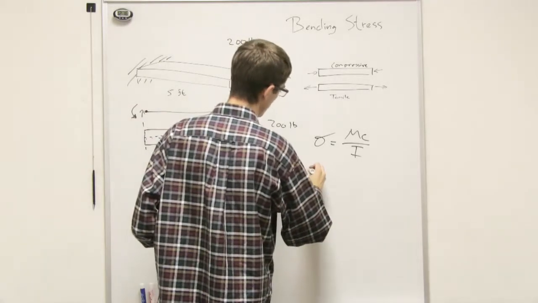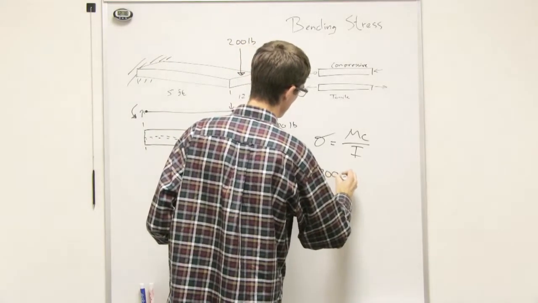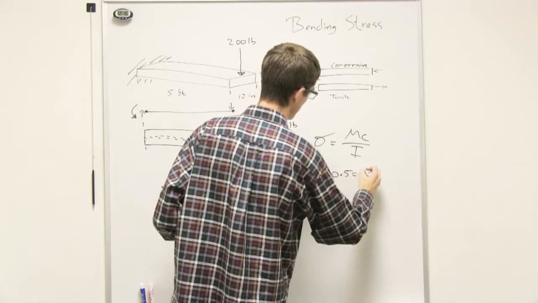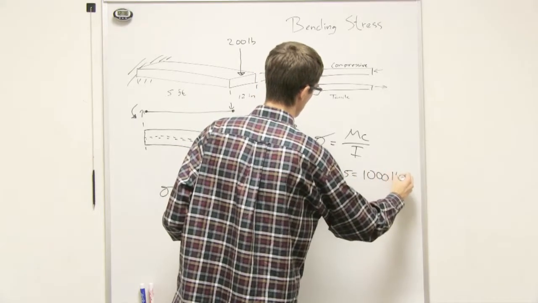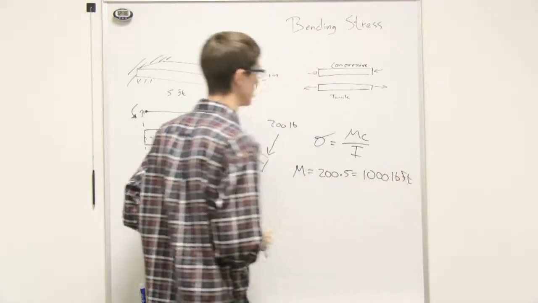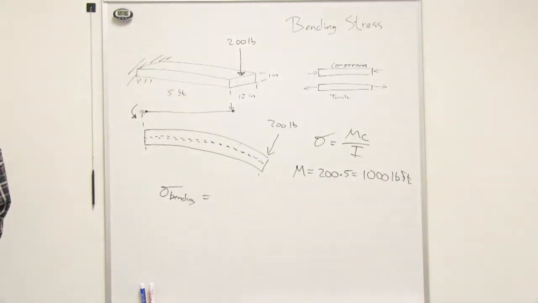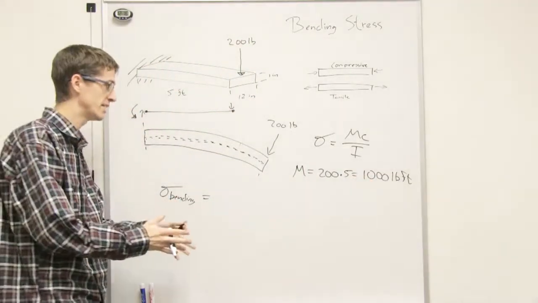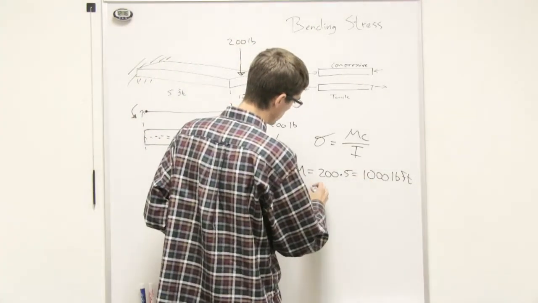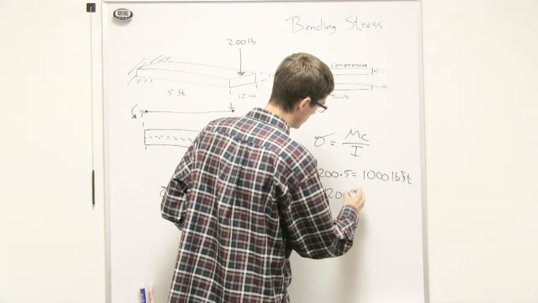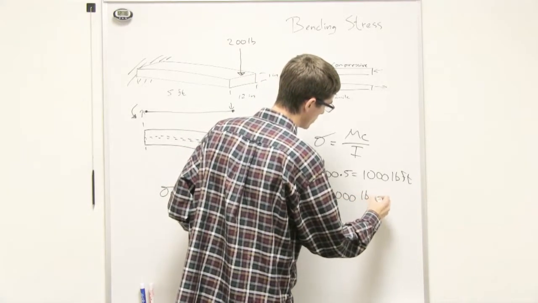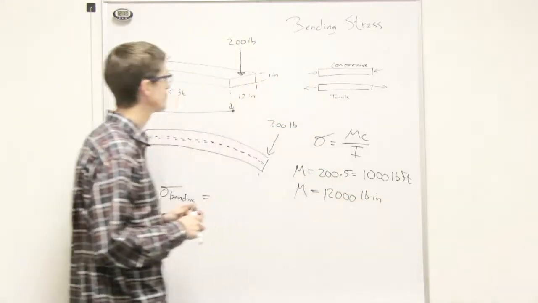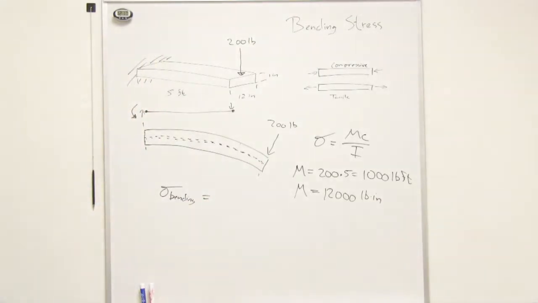So M is equal to 200 times 5, which is 1,000 pound-feet. Now we do want this in our base units, so let's multiply this 1,000 by 12 to turn it into pound-inches, which is what we want. So M then becomes 12,000 pound-inches. Cool, we can deal with that.